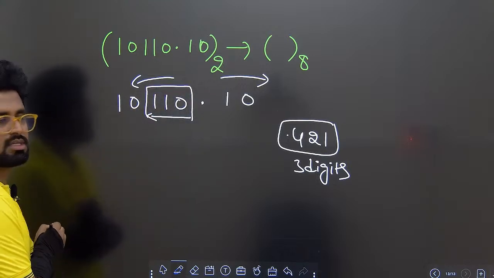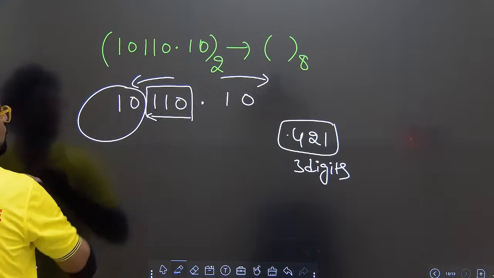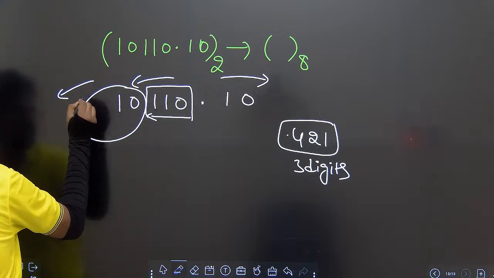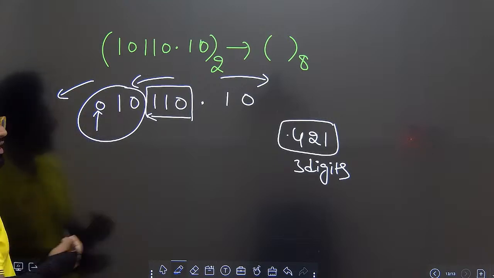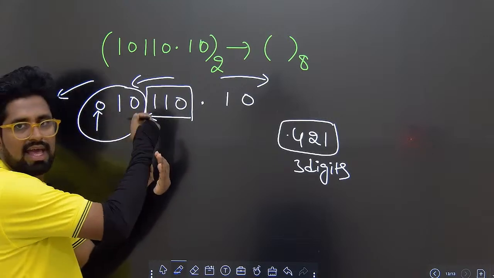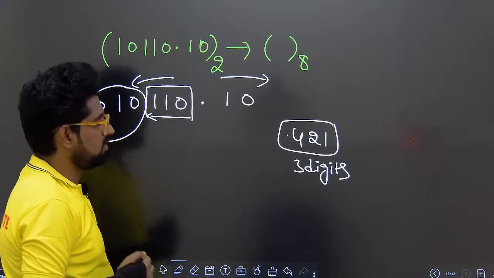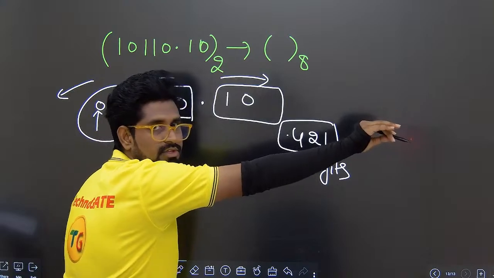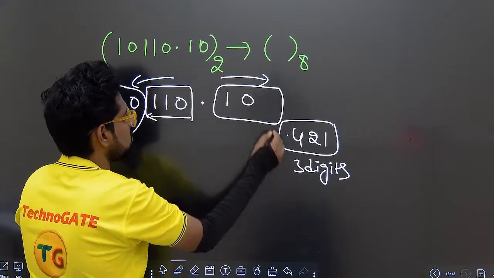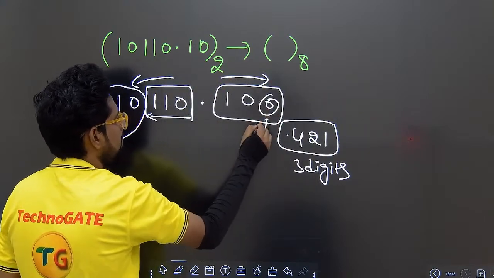I made one box. So what is the lagging here? One thing is lagging, so in this direction we need to add. So here you need to add this 0. Okay, this is the direction of movement that we need to add. And here we are moving in this direction. So whenever we are moving in this direction, we need to add 0 here.